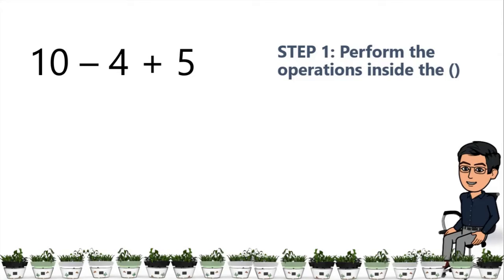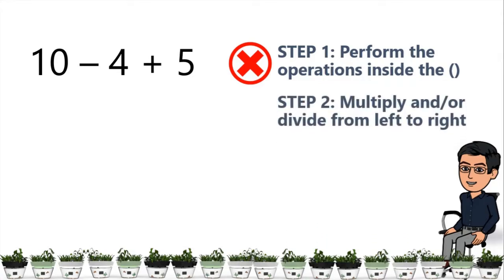No. So that means step number 1 is disregarded, or step number 1 is X. Let's proceed to step number 2. Multiply and or divide from left to right. Do we have multiplication and division in our problem? No, we do not have. So therefore, step number 2 is also an X.